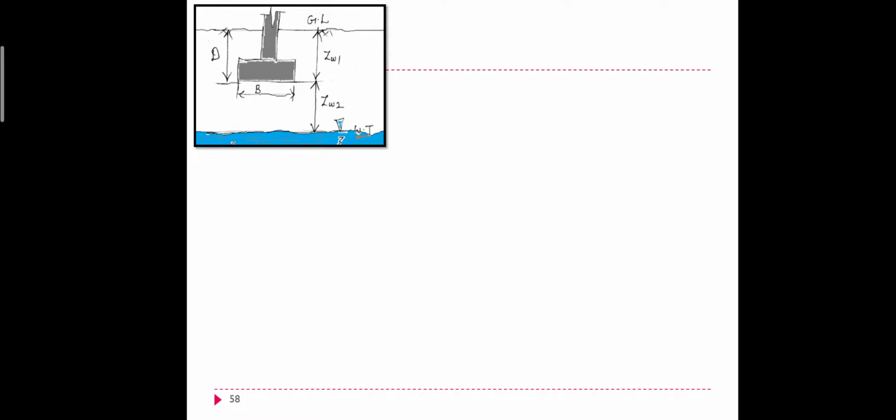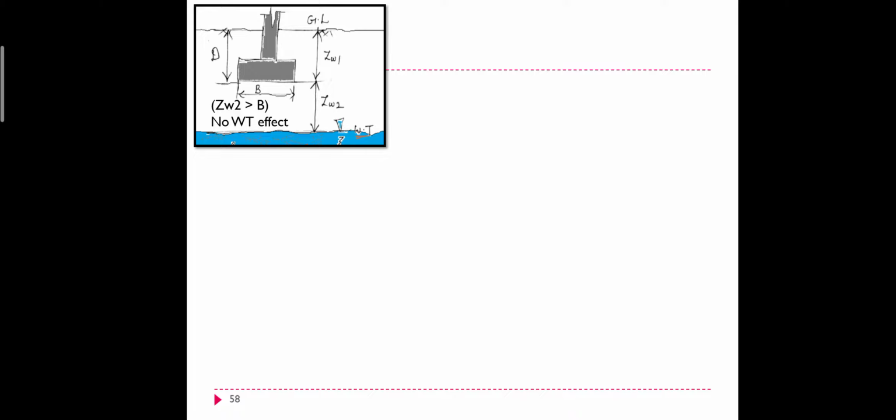The second step: now that you have ZW1 and ZW2, see the ZW2 value. If the ZW2 value is greater than B, then there is no effect of water table. When you encounter water table below the base of the footing, you find ZW1 and ZW2.